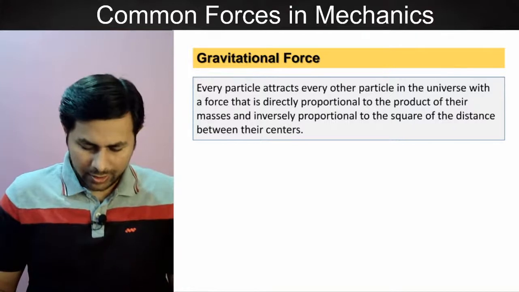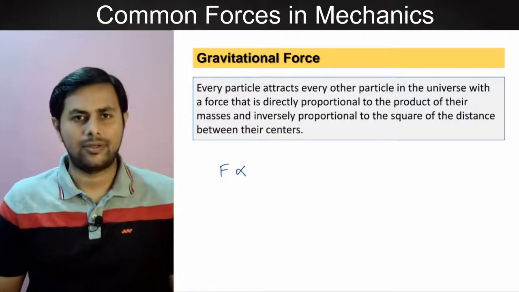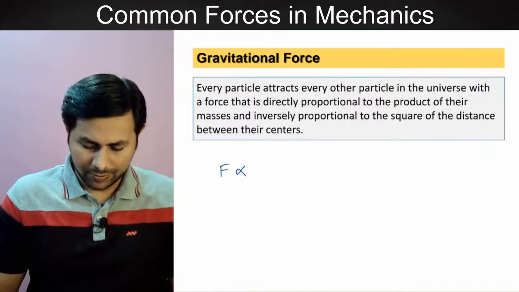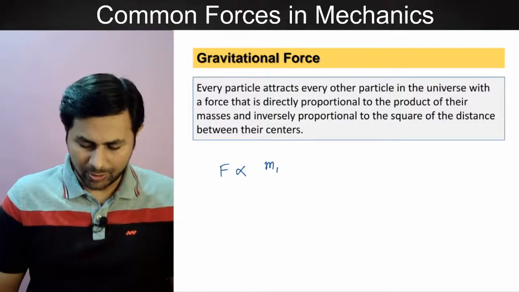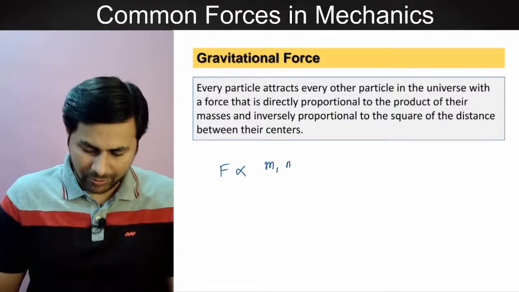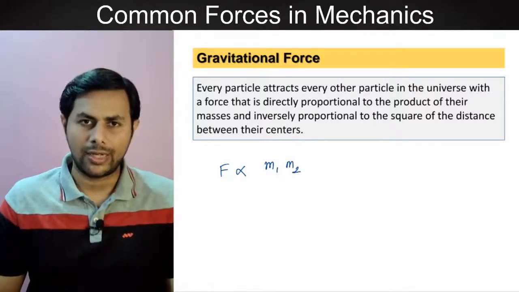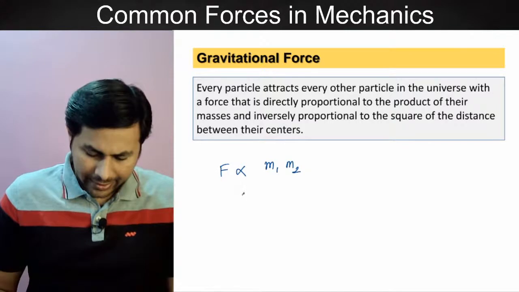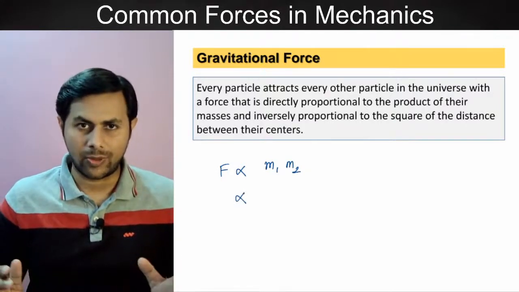Okay, so this gravitational force is directly proportional to the product of masses of two bodies. So it is directly proportional to, let's say, mass of the first body is m1, mass of the second body is m2. So the gravitational force is proportional to m1 m2, and it is inversely proportional to the square of distance between the two bodies.